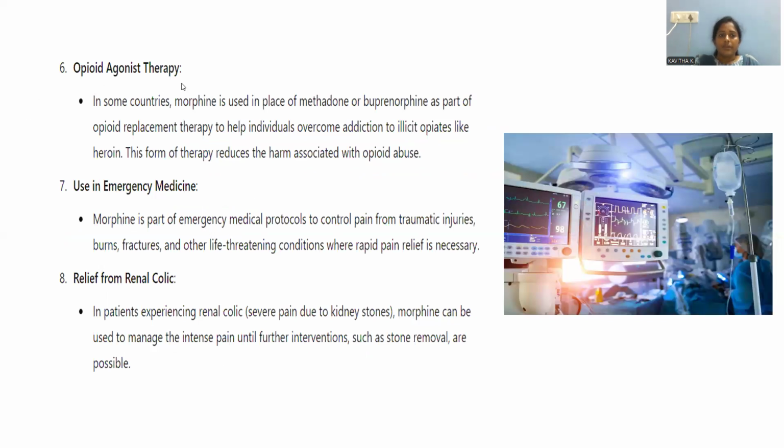Opioid agonist therapy. Based on the activity they are doing, all the drugs are categorized into two types, agonism and antagonism. Drug activity is of two types, agonistic activity and antagonistic activity. If I am suffering with any kind of pain, and that pain is reduced, that is called what? Antagonist.